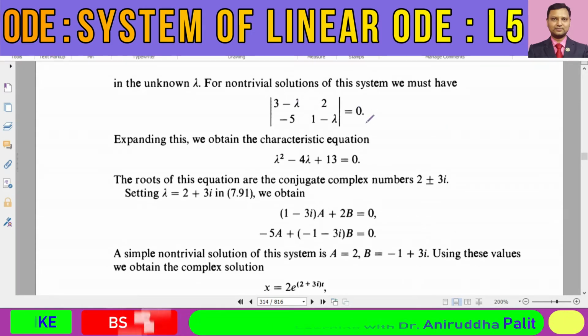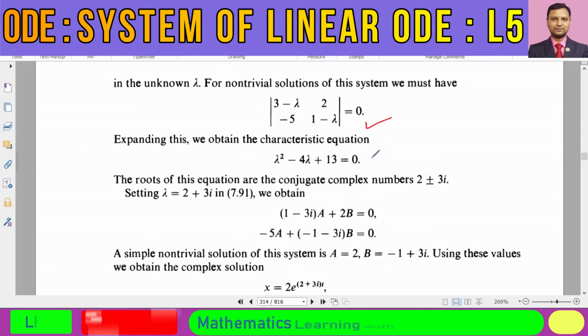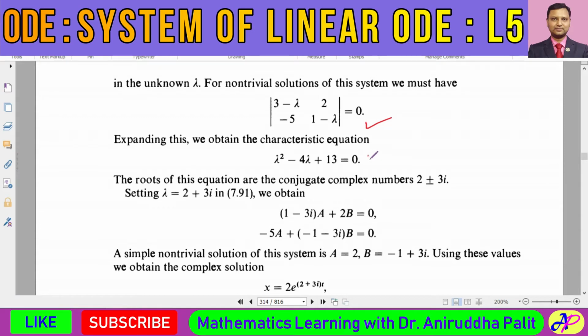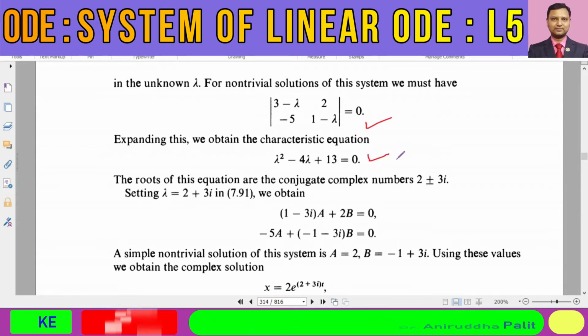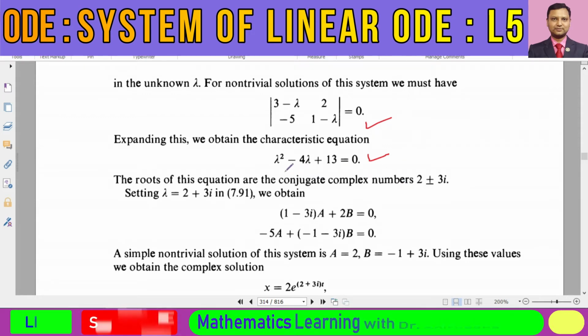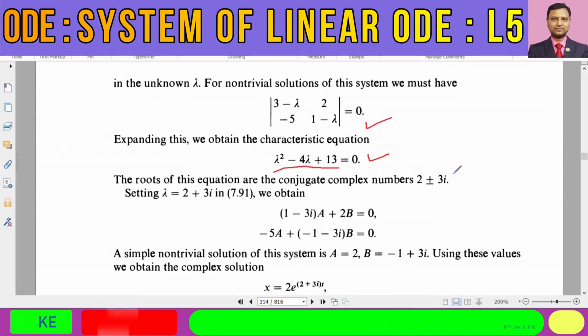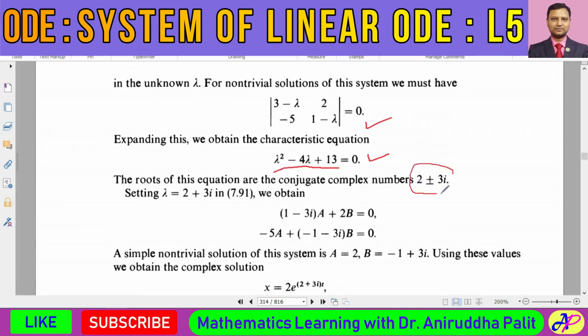After elimination of these unknown quantities, we get this kind of determinant, and expanding this one, we will get this kind of characteristic equation, that is lambda square minus 4 lambda plus 13 is equal to 0. When we solve this second degree equation, we get these two solutions: 2 plus 3i and 2 minus 3i.